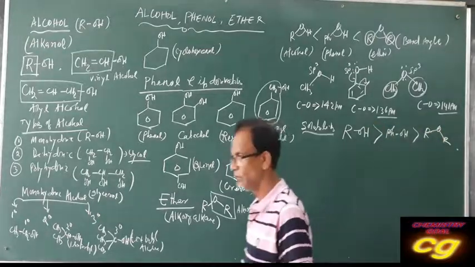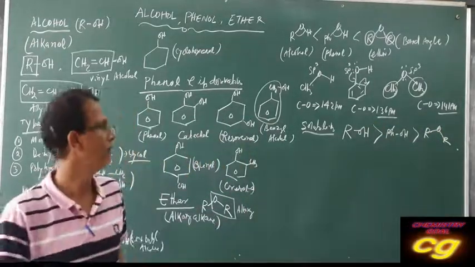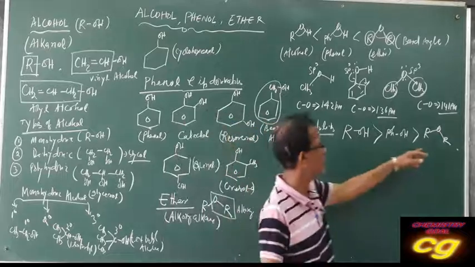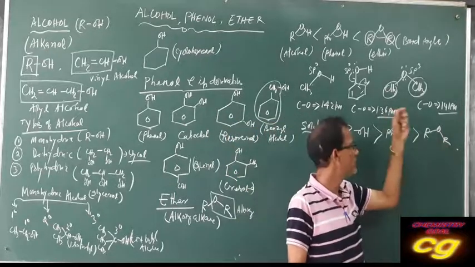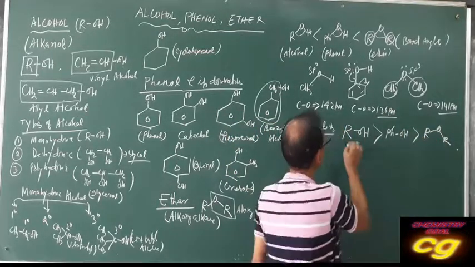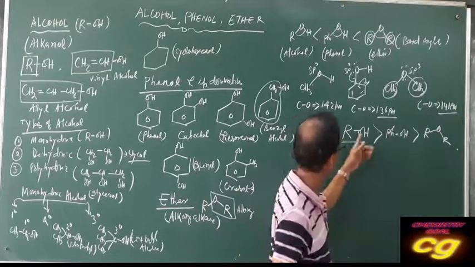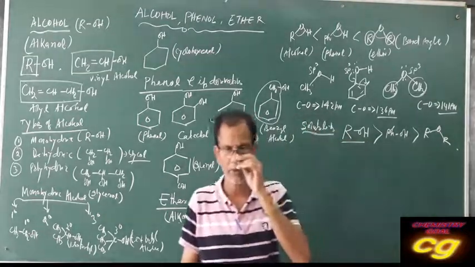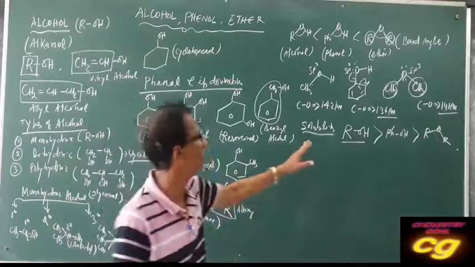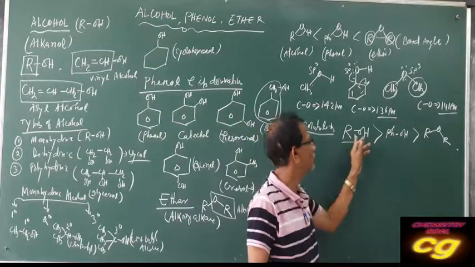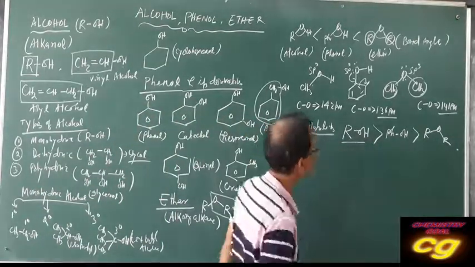Although ether is soluble due to polarity, it cannot form strong hydrogen bonding. That's why the solubility of alcohol is greater, due to intermolecular hydrogen bonding with water. So alcohols are more soluble.